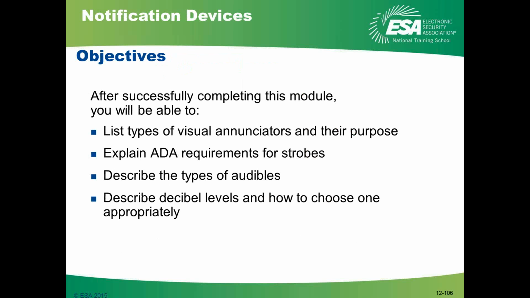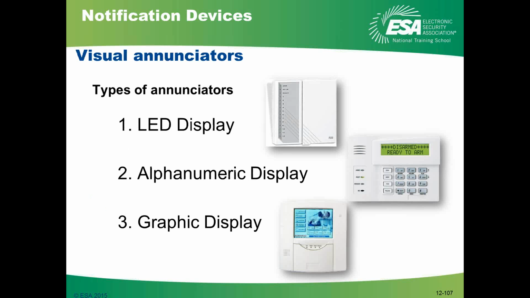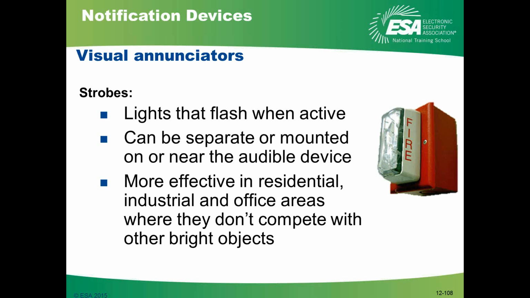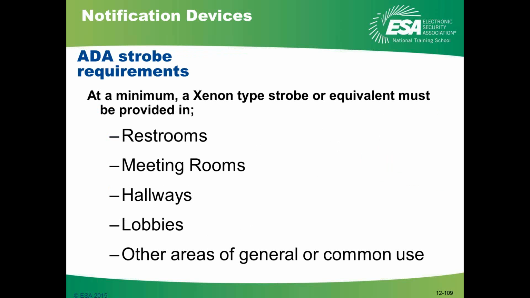Okay. On the notification devices, we're talking about types of visual, ADA, types of audibles, dB levels. Again, the types of annunciators that we have, strobes, xenon.